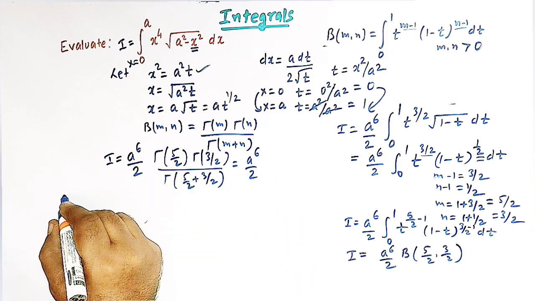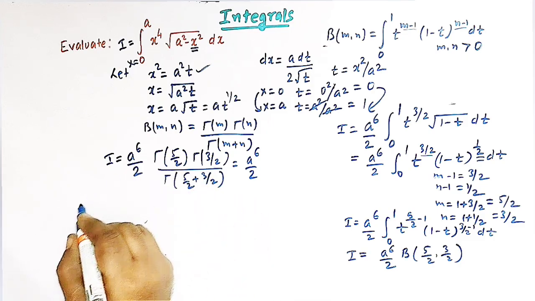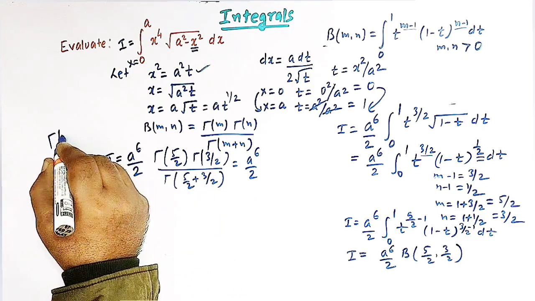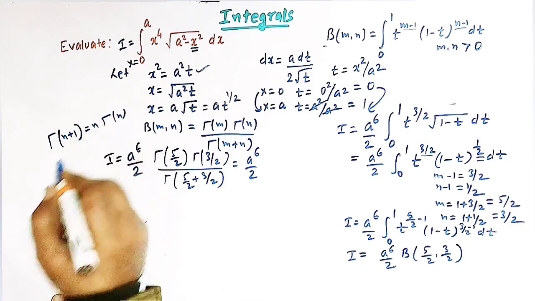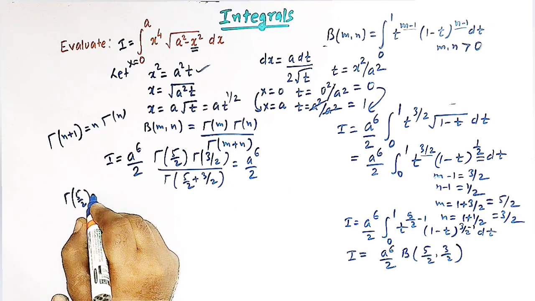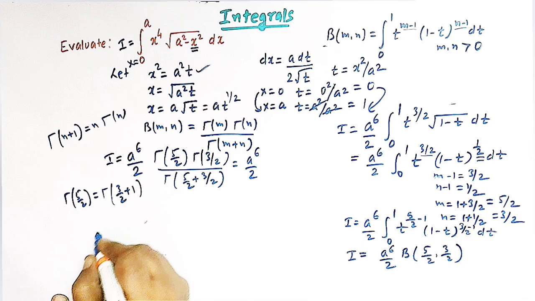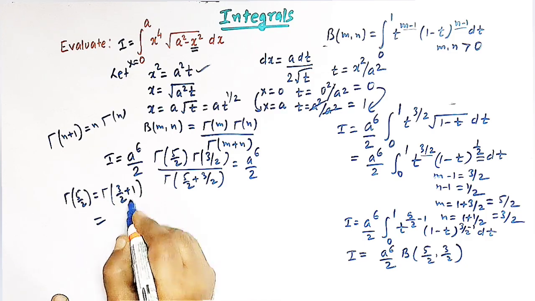Now see, gamma 5 over 2 and gamma 3 over 2 can be calculated by using this relationship, that is gamma n plus 1 is equal to n times gamma n. So gamma 5 over 2 is equal to gamma 3 over 2 plus 1. We can split 5 over 2 as 3 over 2 plus 1.